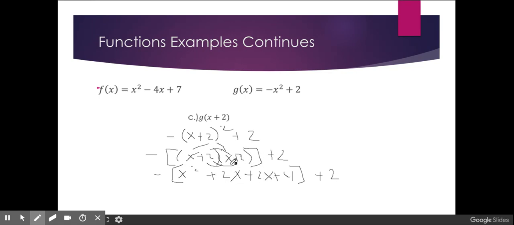This becomes 4x altogether. So it becomes negative x squared minus 4x because when we combine, it's plus and distribute the negative. And then minus 4. And we have that plus 2 on the end. And our last step is going to be to combine these two. So our final answer is negative x squared minus 4x minus 2.